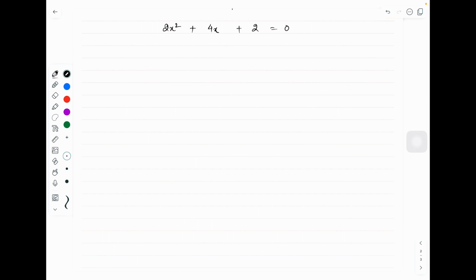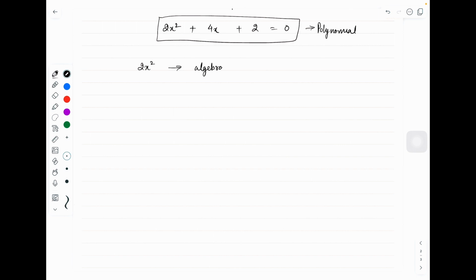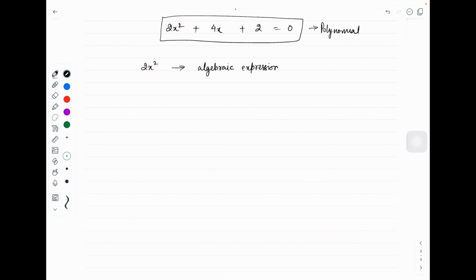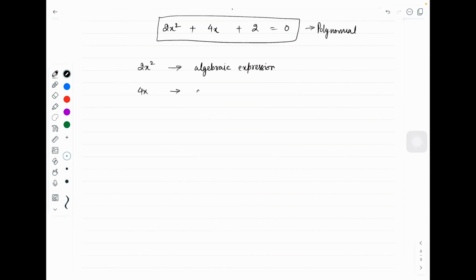I am telling you, this whole thing is a polynomial. 2x square in itself is an algebraic expression, 4x is also an algebraic expression, and so is 2.